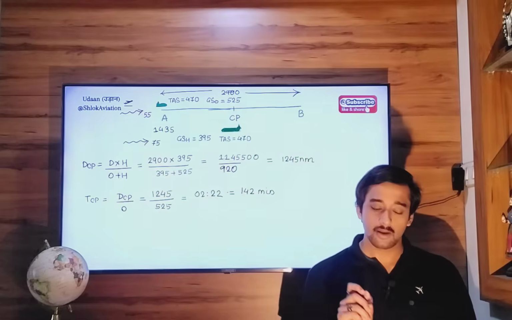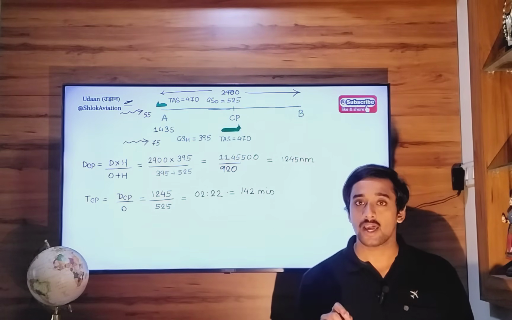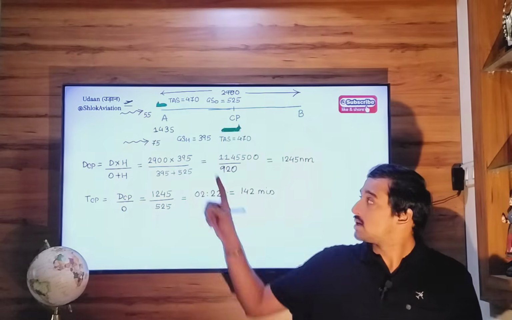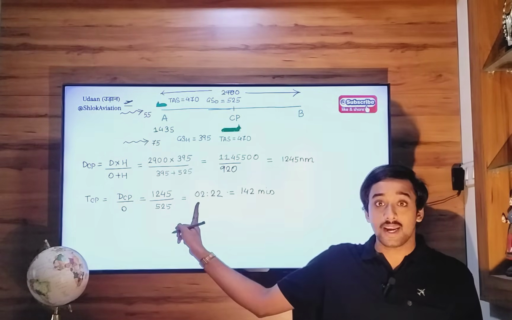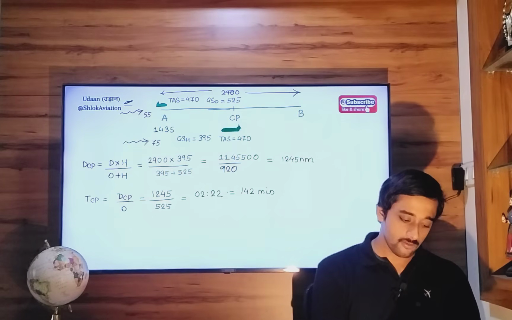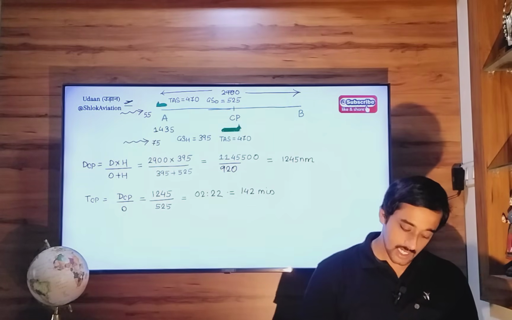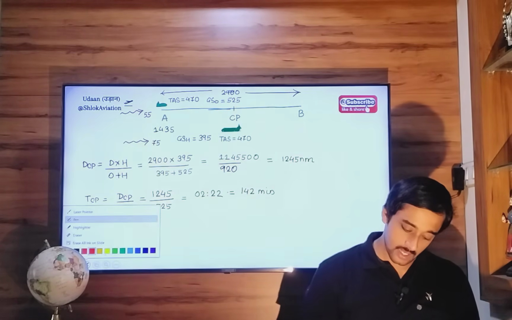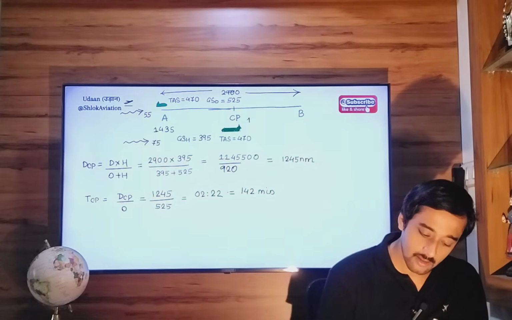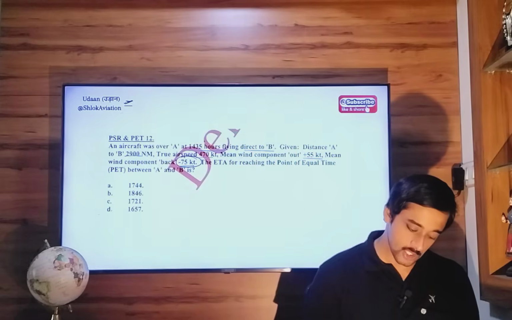Now you are departing point A at 1435. So the time at which you will arrive over critical point will be departure time plus flight time. Flight time of 2 hours 22 minutes. So 14 hours 35 minutes plus 2 hours 22 minutes equals 16 hours 57 minutes. That means you will arrive over critical point at 16 hours 57 minutes. So option delta.